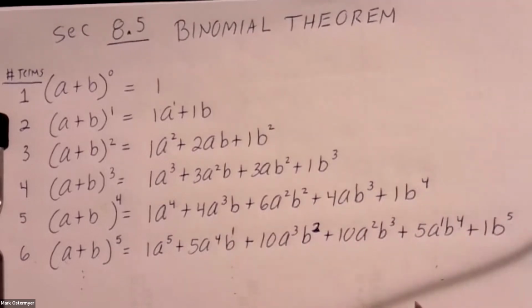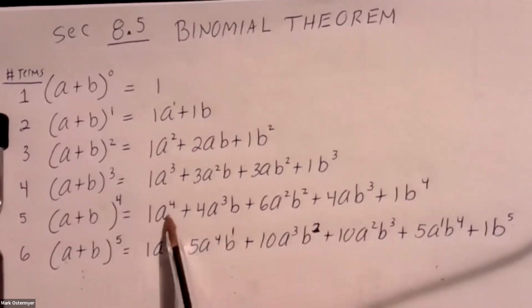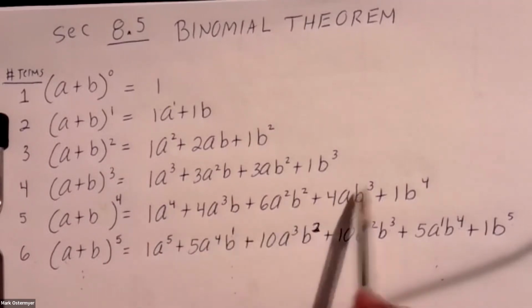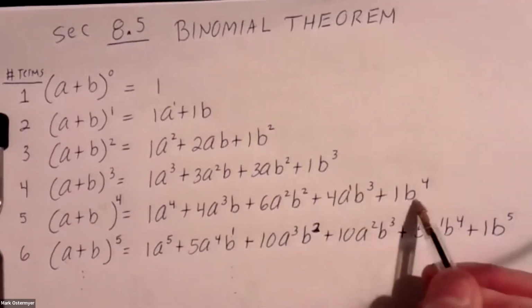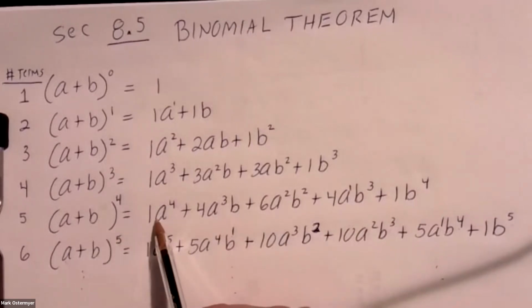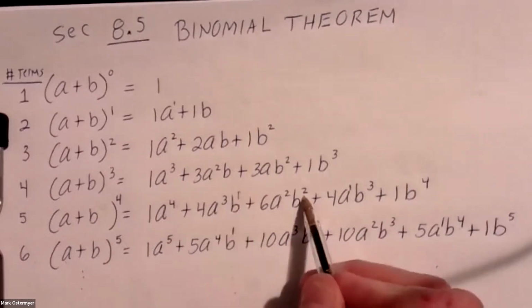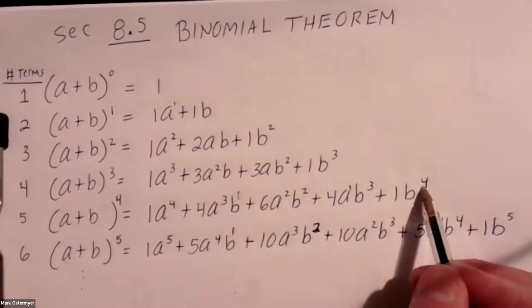All right. And notice that's also true for any expansion here. A plus b to the fourth, a starts out at the 4th power, and then its power decreases by 1 as we move to the right. So 4, 3, 2, 1, and then technically a to the 0th power. B starts out at the 0th power, and then increments by 1. B to the 0th power, b to the first power, second power, third power, fourth power.